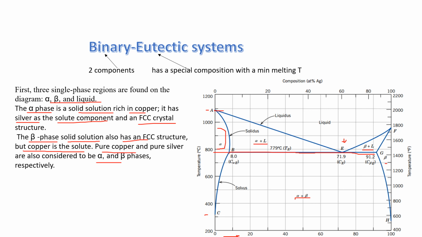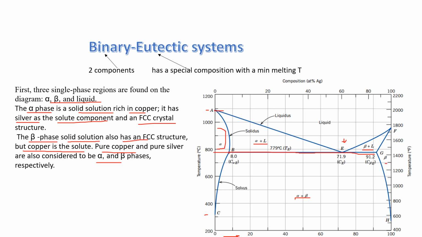Below line BEG, only a limited concentration of silver will dissolve in copper for the alpha phase, and similarly for copper in silver for the beta phase. The solubility limit for the alpha phase corresponds to the boundary line labeled CBA. This is the solubility line, the solubility limit for the alpha phase.